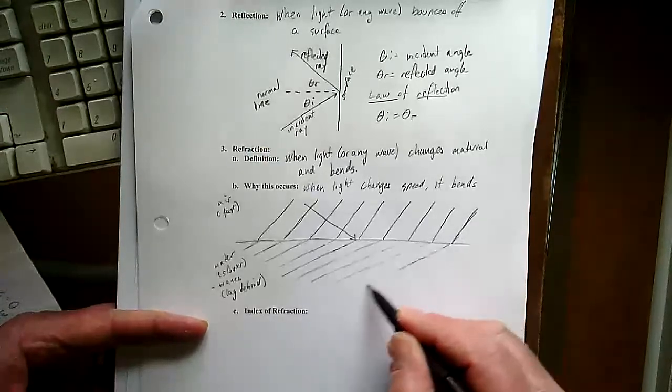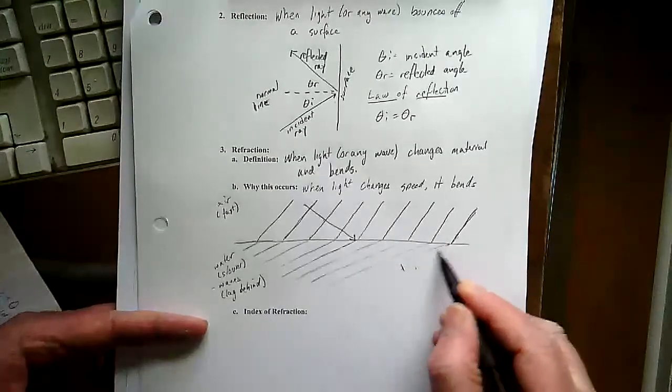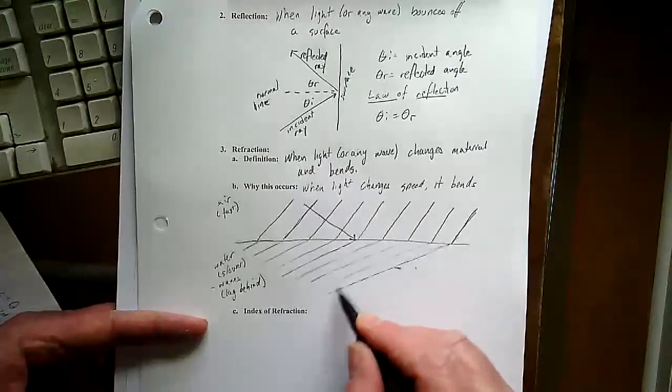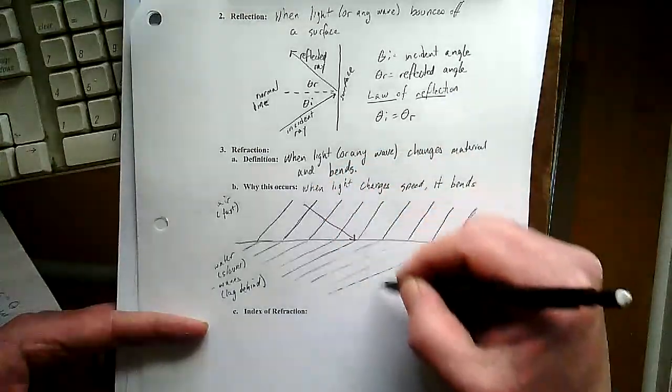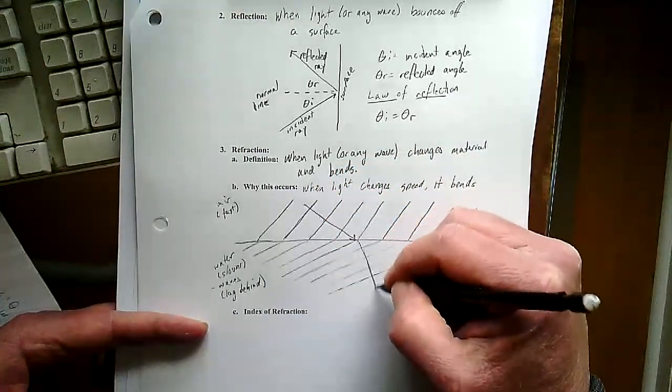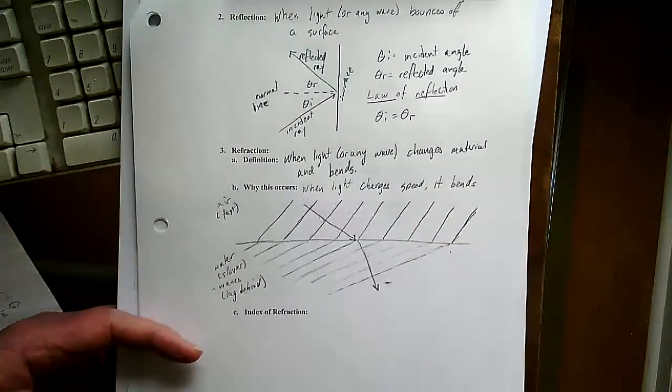And now we can see that instead of going this way, the light is kind of going down this way. So it is bent because it slowed down.